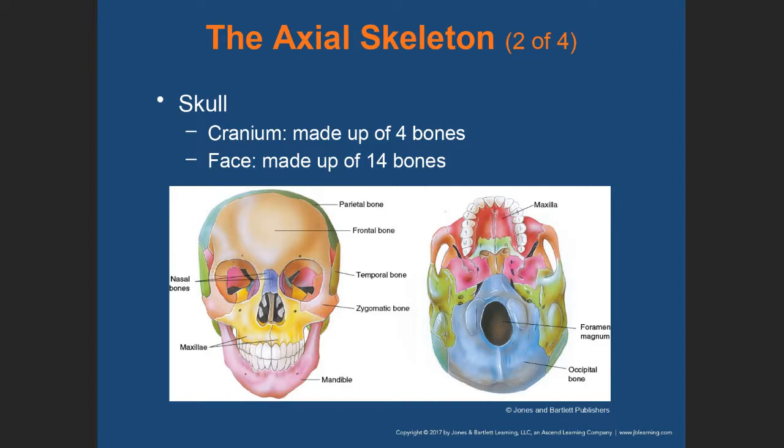Now, the diagram to the right is giving us an inferior view, and you can see the foramen magnum, that opening. So let me use my pointer. This opening right here is the foramen magnum, and this is where the spinal cord exits the skull and runs down the spinal column. Foramen magnum.